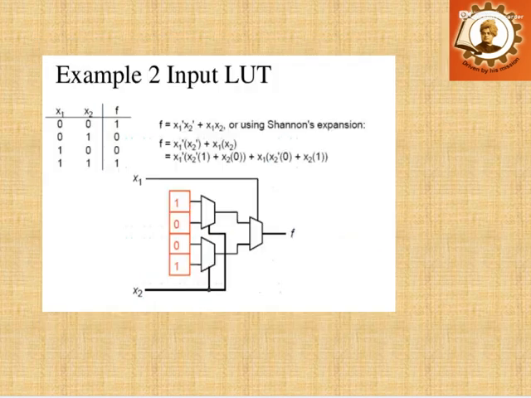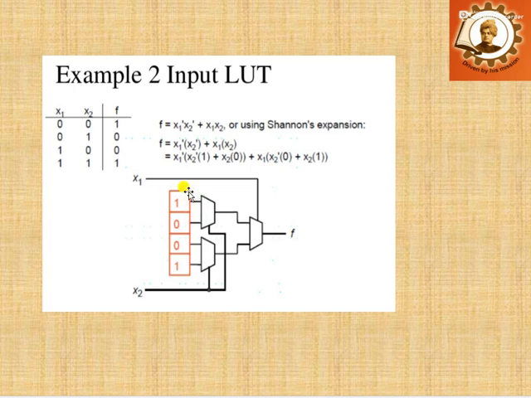Here two functions, f1, and two muxes are used. Suppose in the next slide we take an example. x1 x2 is 0 0, f equal to 1. When you put x1 0 and x2 0, that means channel 0 of mux 1 and channel 0 of mux 2, the channel 0 of these muxes will be selected.